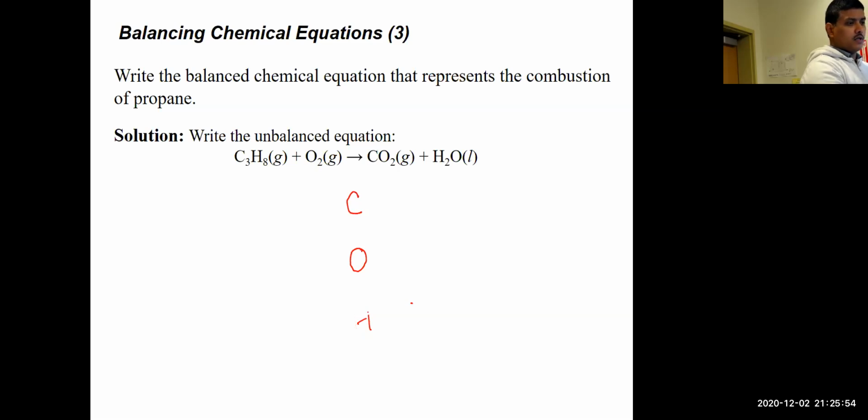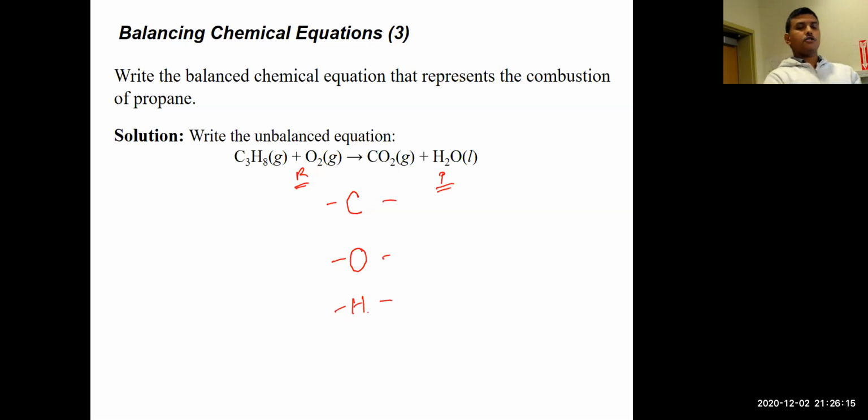Maybe I need to move the hydrogen a little bit higher there. Let me do that. Hydrogen. So this left side is for reactants and the right side is for products. Clear so far? Okay.